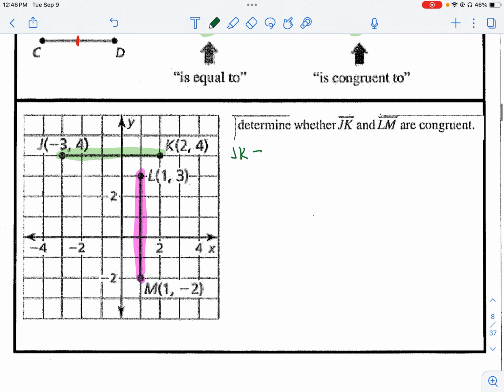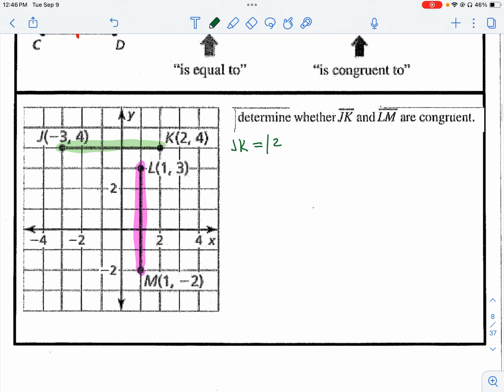So JK equals the absolute value of next to minus a minus 3. Well, minus a minus is a plus, so we have the absolute value of 5. And the absolute value, of course, is 5 because the absolute value just tells us how far away from 0 on the number line it is, and we're always going to have a positive number.